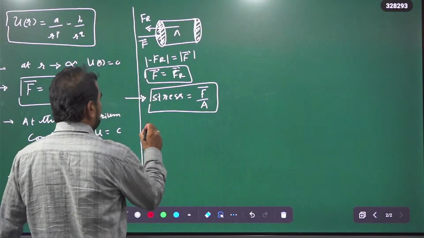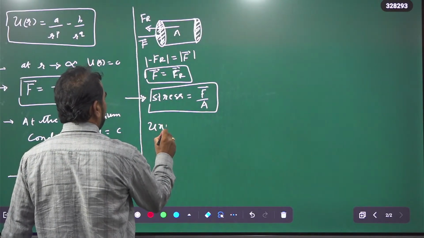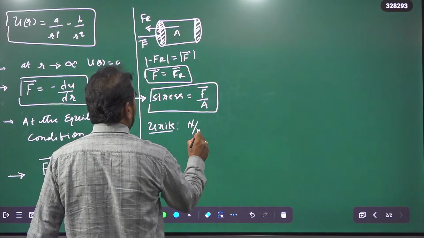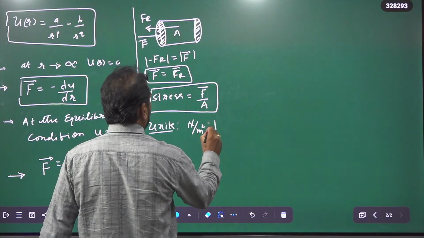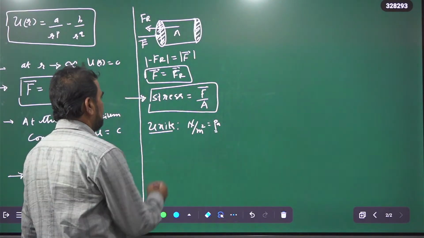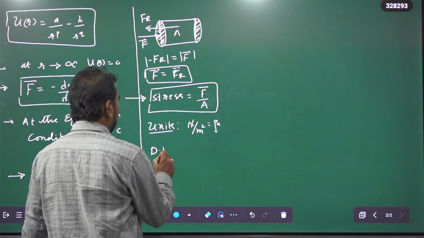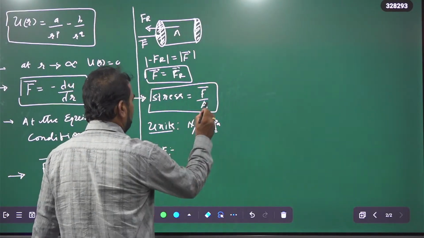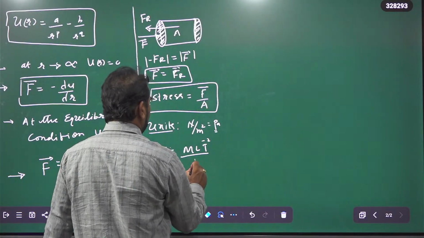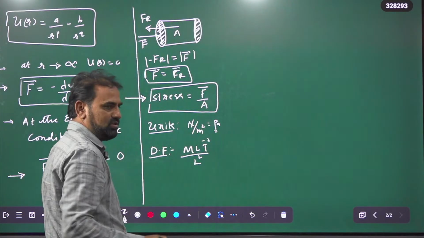What are the units? The units of stress are Newton per meter square, which is also called the Pascal. Its dimension formula: F is equal to m a, that is M L T to the power of minus 2, divided by the dimension of A, which is L square.